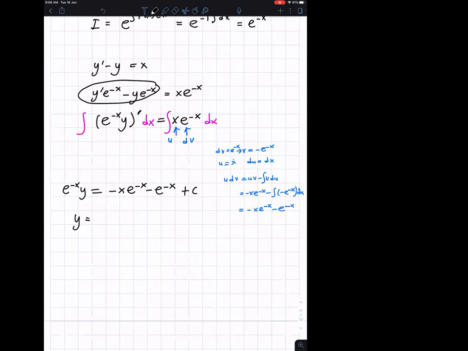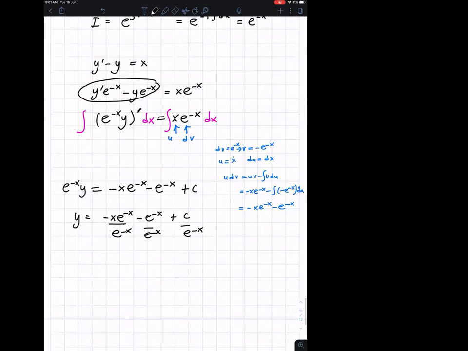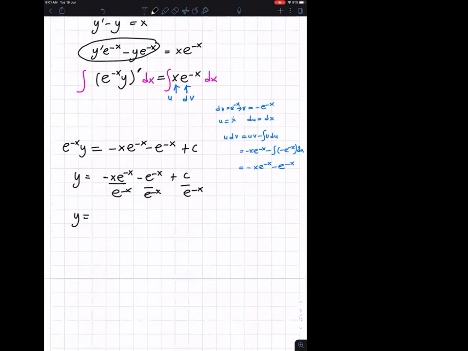Then you solve for y: y equals minus x e to the minus x, minus e to the minus x, plus c, and divide by e to the minus x. So you're going to get y equals minus x minus 1 plus c e to the x.